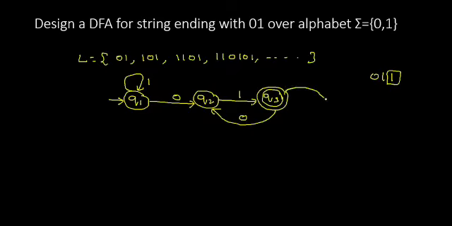Let us make this trap state q4. So q4 can have 0 and 1 put together. So this is the diagram for a DFA for accepting a string which is ending with 0 1.